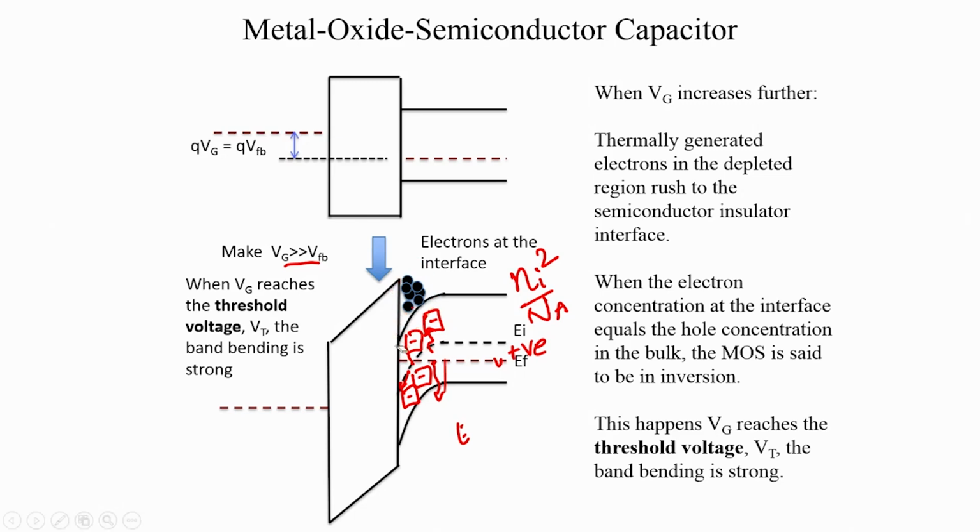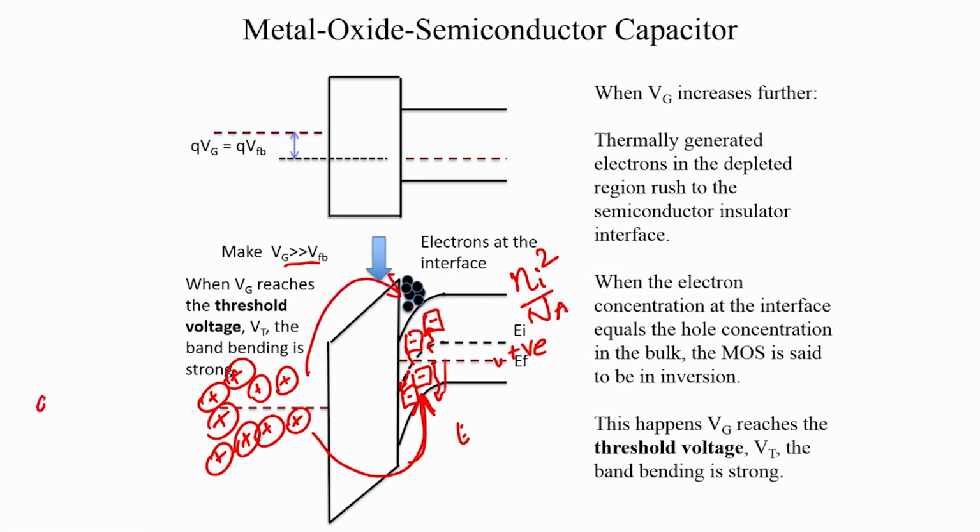And now, to compensate for the heavily positively charged gate, because your Vg is now very large, you have a strong positive charge on the gate metal. This positive charge is now compensated not only by the exposed acceptor ions, the space charge, but also by the negatively charged electrons.